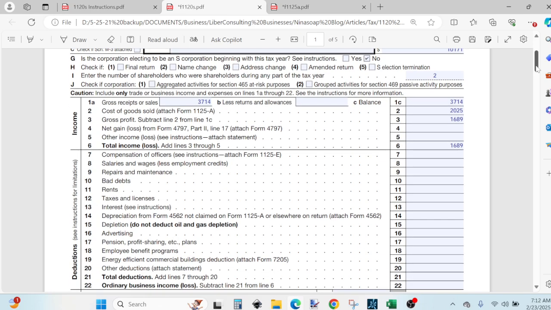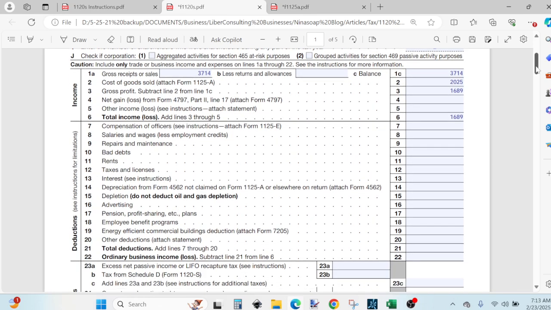Like if you use those products to make something, the portion that you sold of those finished goods, cost related to making them, that is what you include on line 2 to deduct your gross income from it to find the total income.